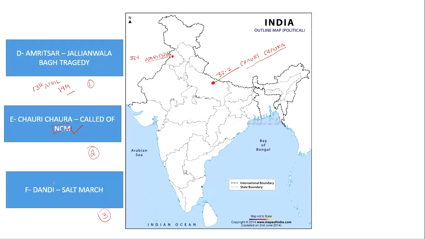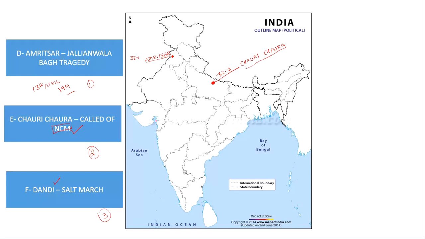And the third one, Dandi March. You know Dandi March. First time Gandhiji breaking the British laws, what is called civil disobedience movement. Civil means, you know, breaking government or British rules. And he took up the issue called salt tax, and how he marched from Sabarmati to Dandi.